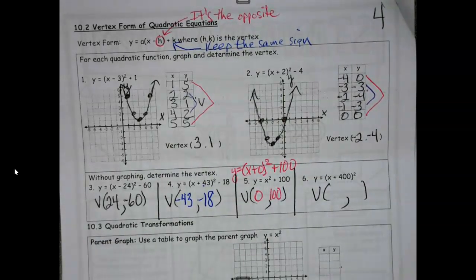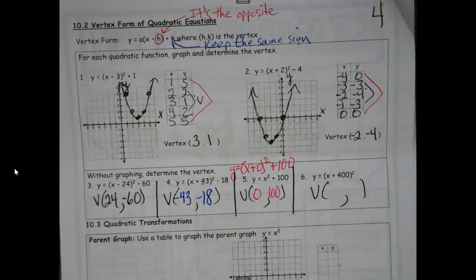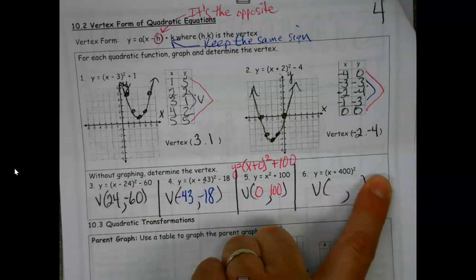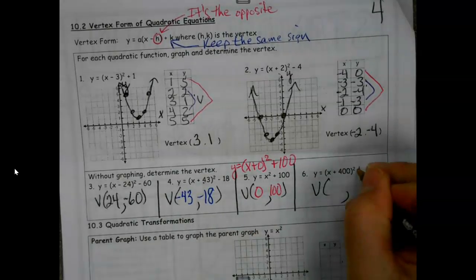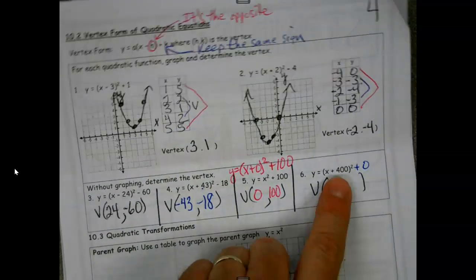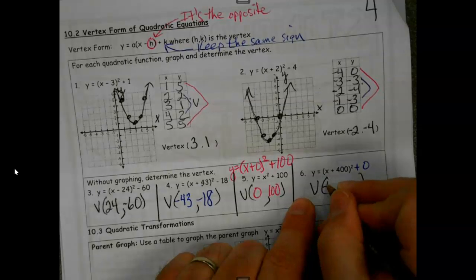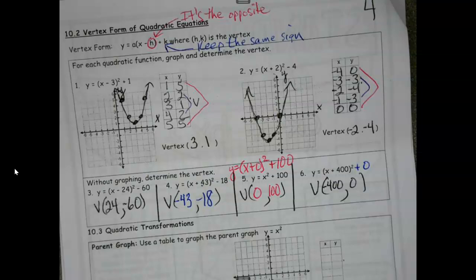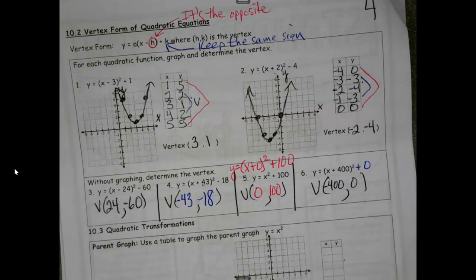So if I don't see parentheses, the first number is going to be 0. If, though, I have parentheses and there's nothing out here, that's like having a plus 0 on the end. So we still change the sign inside the parentheses, but then the 0 on the outside is going to stay the same. Those are all the possible options that you can run into on these.